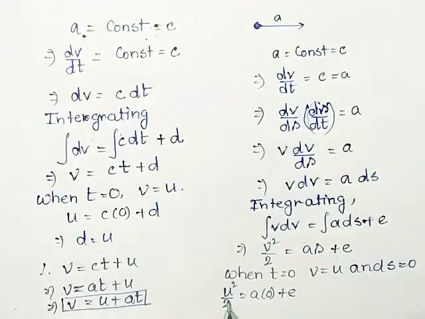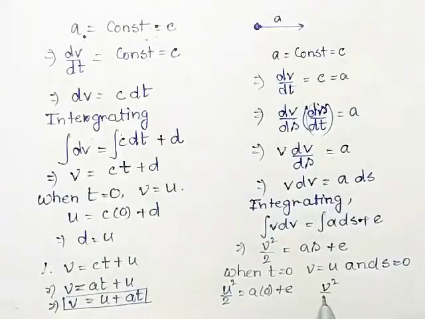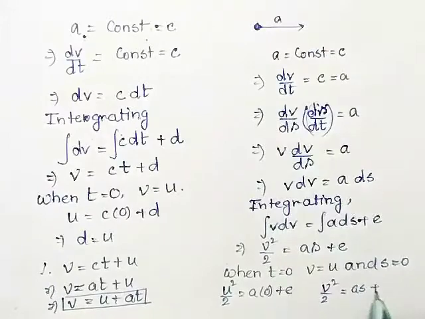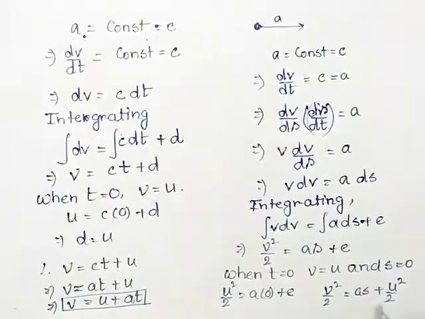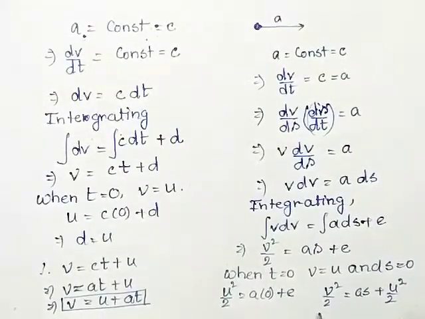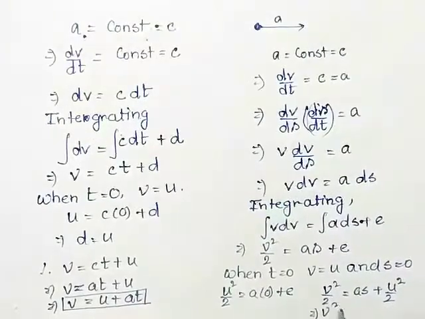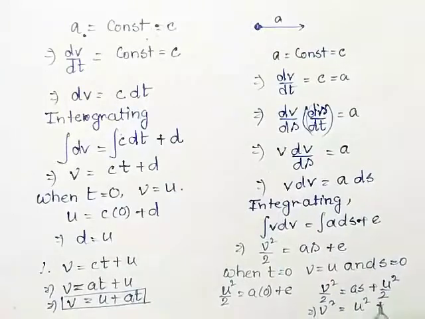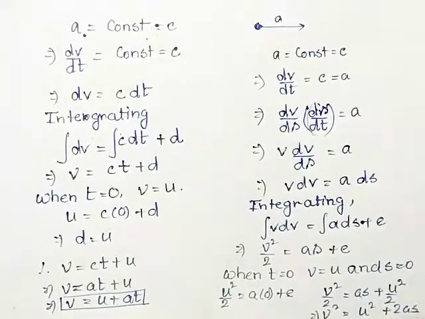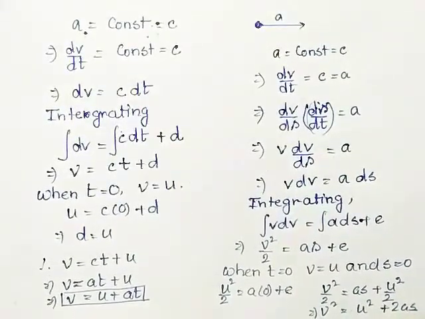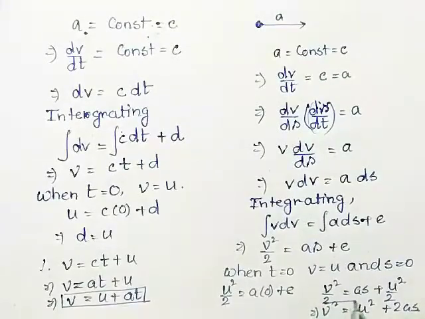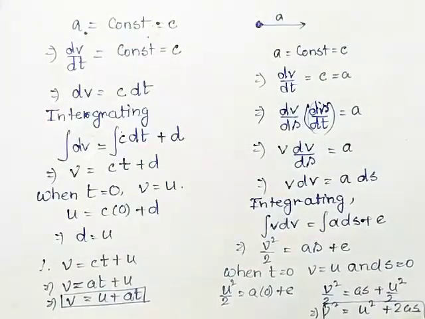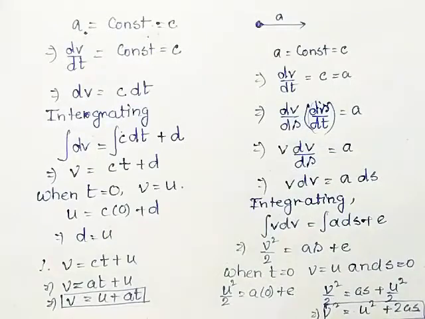So e is basically u square by 2. If I replace this in this equation, then it will be v square by 2 equal to as plus u square by 2. The value of e I am putting here. So this equation at the end becomes v square equal to u square plus 2as. So this is another equation of motion.